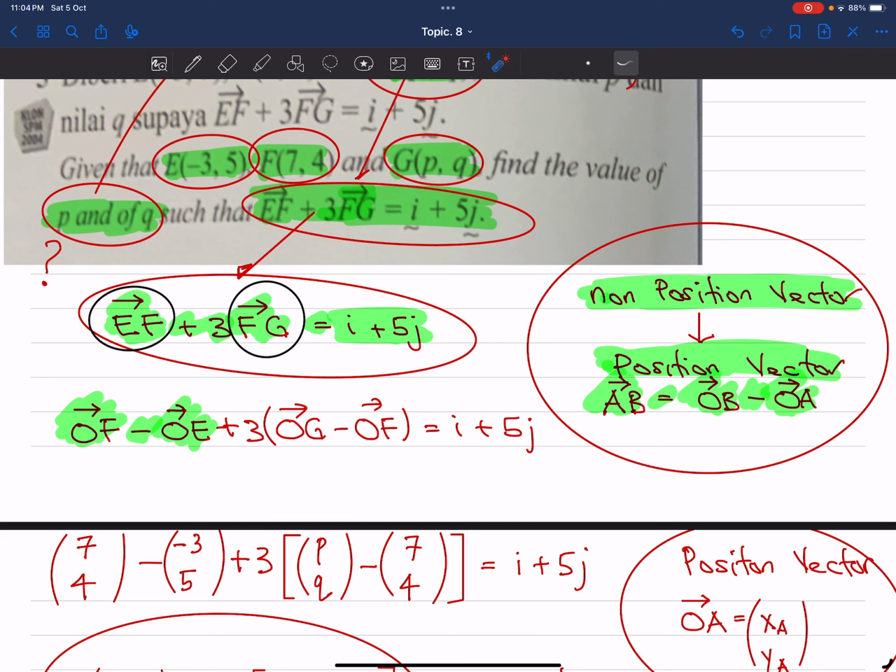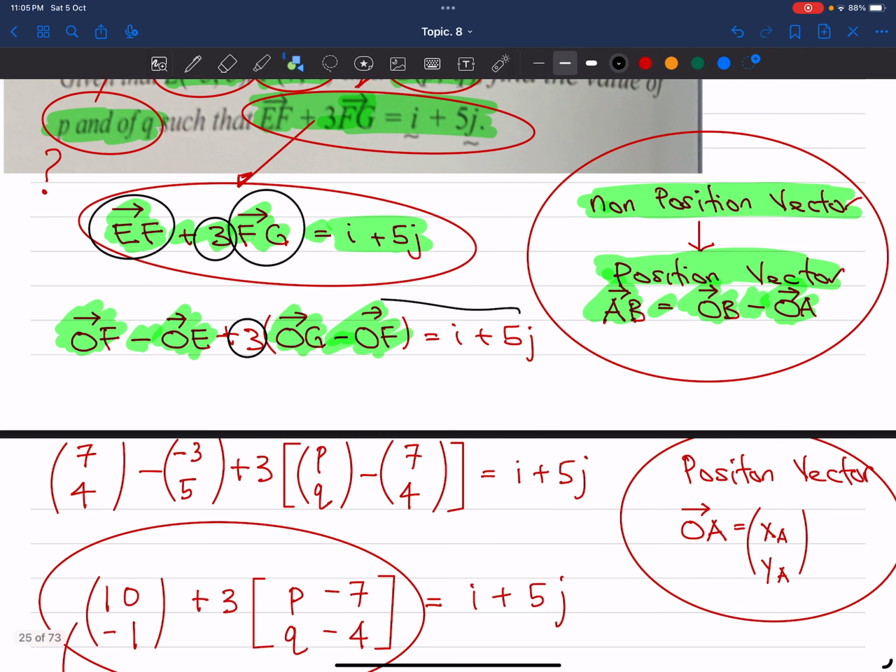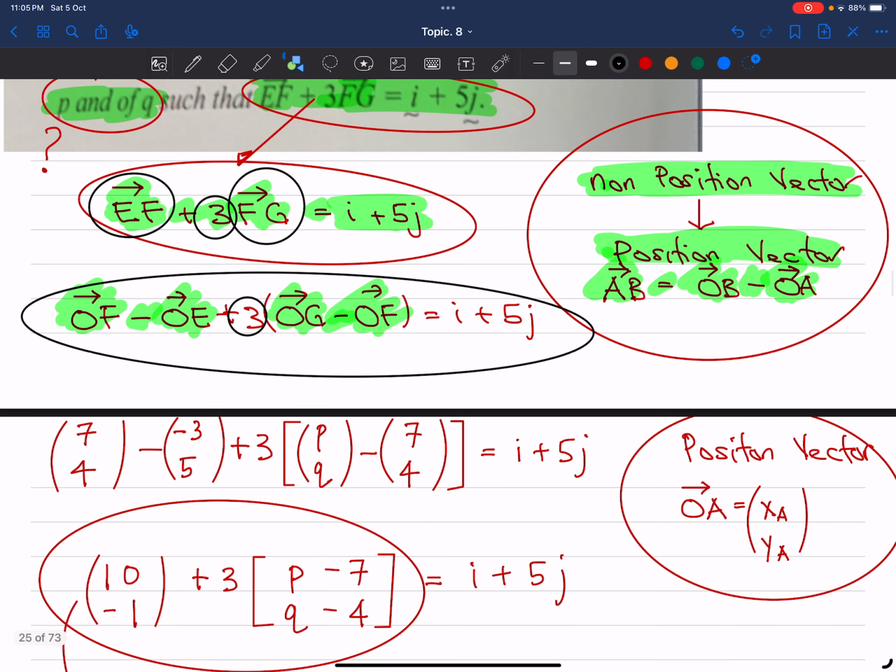Now FG, the second letter G, which is OG, minus the first letter F, which is OF. Of course, the 3 I put back. And on the right hand side, I just copy back. So now from here, in this whole equation, we concentrate on position vectors OF, OE, OG. We have 3 position vectors.